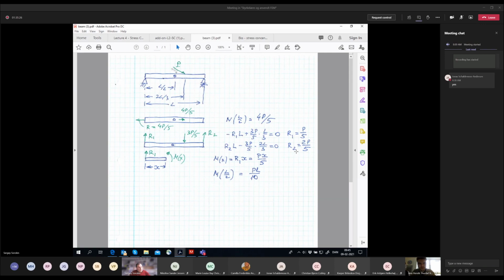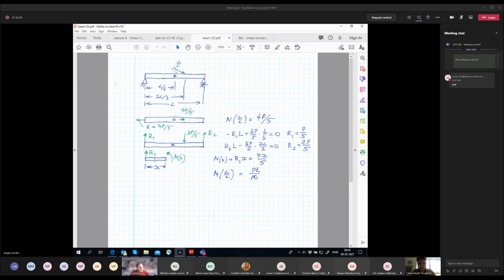Then my R2 is 2P divided by 5. Then the sanity check is that R1 plus R2 equals 3P divided by 5. So these forces are found correctly. And then I do the next thing. I want to find the moment acting at this cross section.